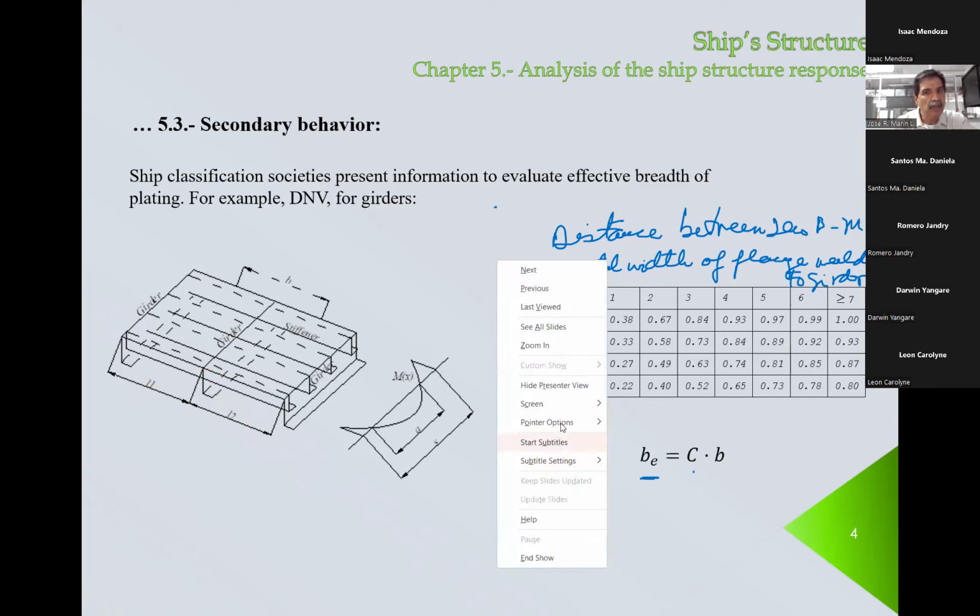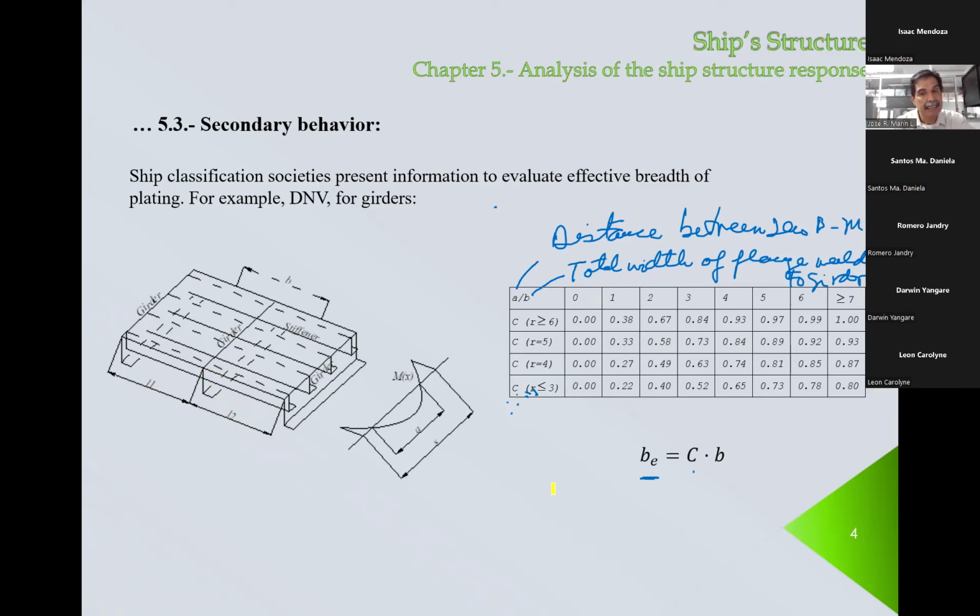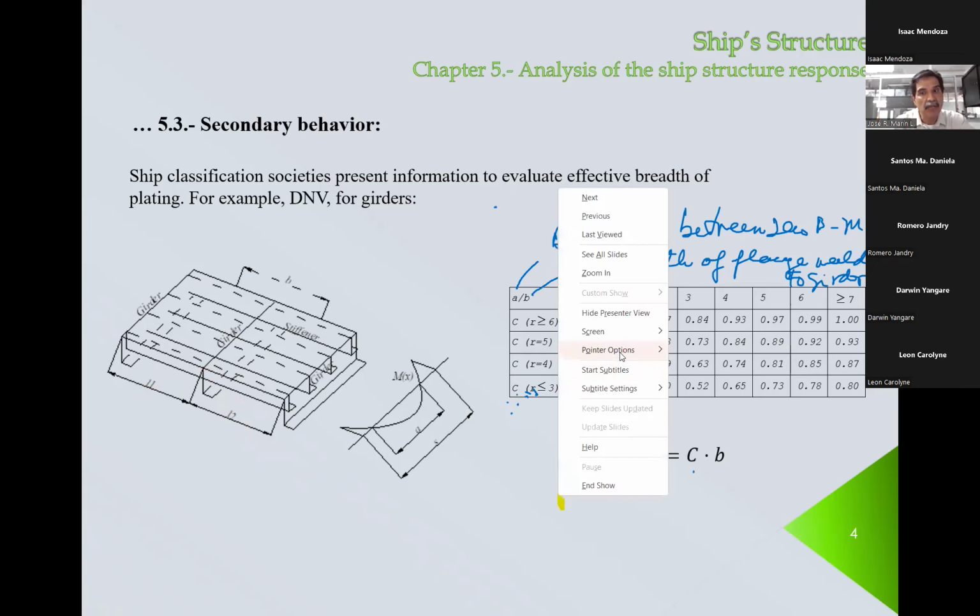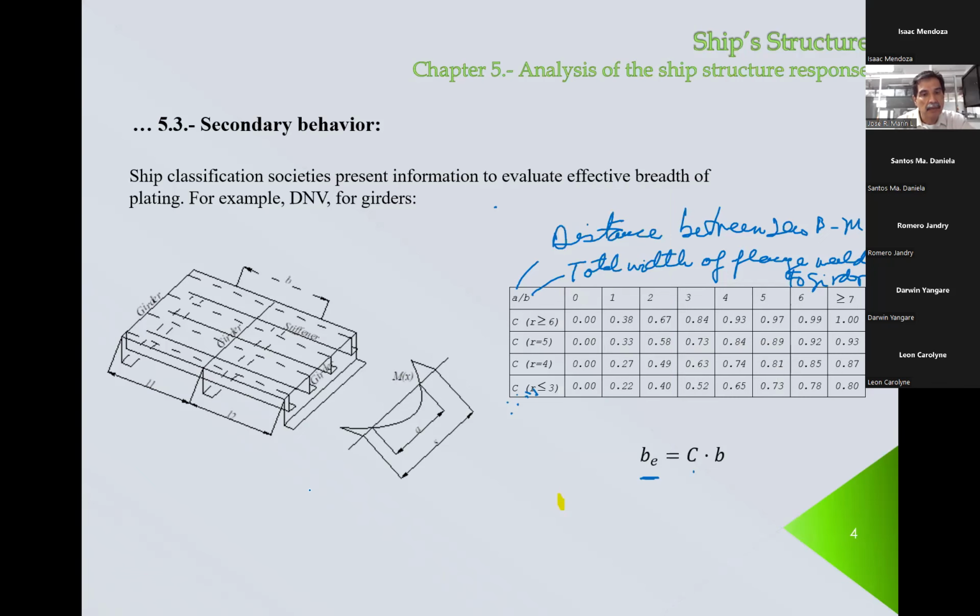No, we don't have to compare, we have to calculate. Just the girder alone or the girder with the plate? You're mixing terms here.